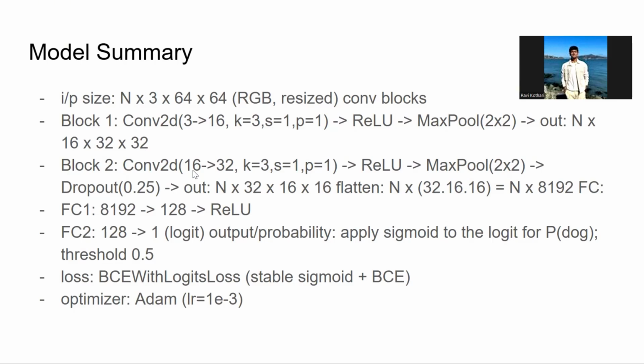Now we perform a second convolution, which is similar. Then we do dropout. Dropout is used to improve the generalizing capability of the model. Then we have the final fully connected dimensions as n cross 8192, and 8192 here represents the number of neurons that we have. We have the second fully connected layer as 128, and we get the final output logit. This output logit is the probability of the class being class 1 or class 0.